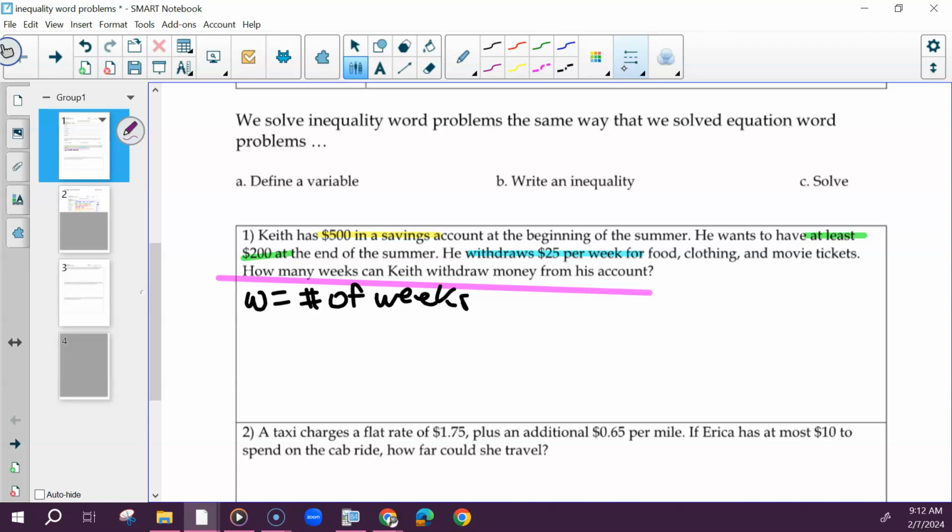At least is which symbol? Greater than or equal to. What's nice about your inequality word problems is anytime you have an inequality word, whatever number is near it, they go together. So we know this is going to be greater than or equal to 200.